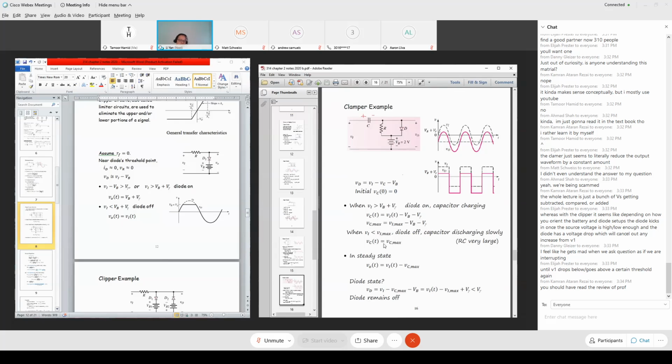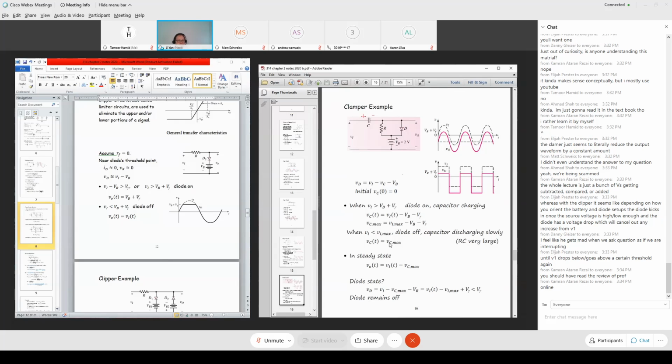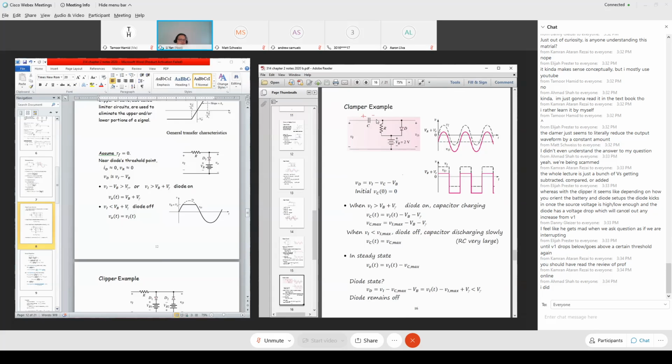So this condition always pretty much remains true. So in a steady state, if the capacitor voltage almost remains constant, the input voltage minus capacitor voltage leads to the output voltage. Again, it is the input voltage shifted by a constant voltage drop at the capacitor.